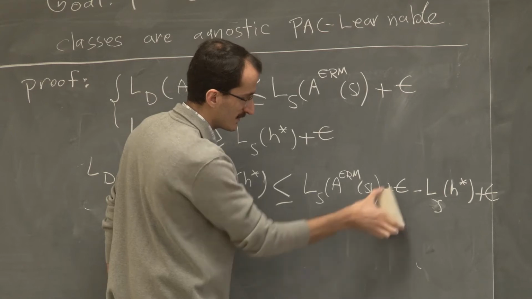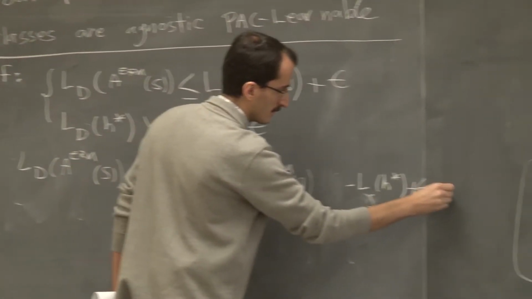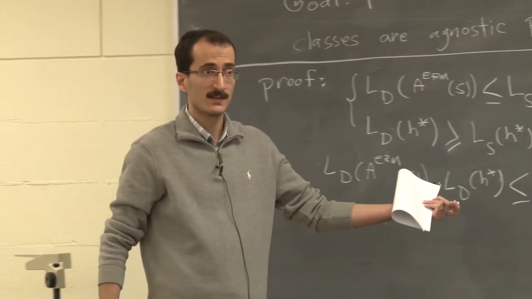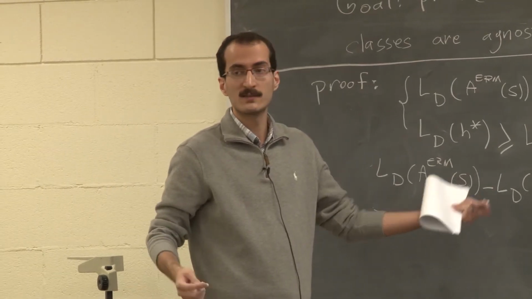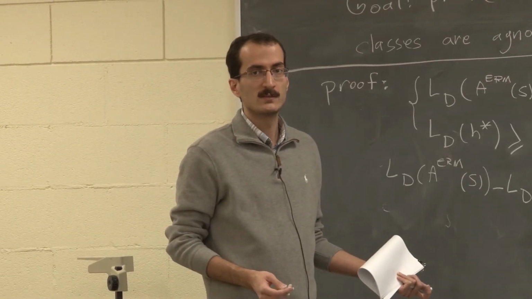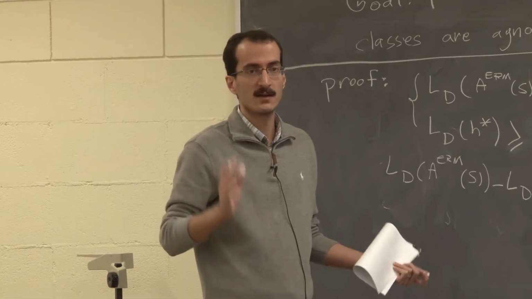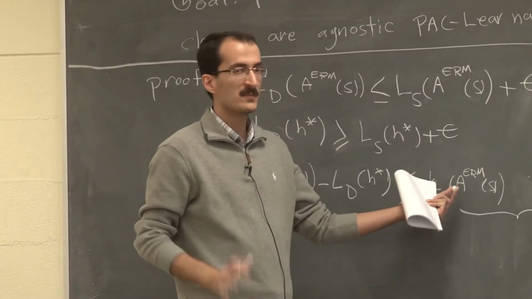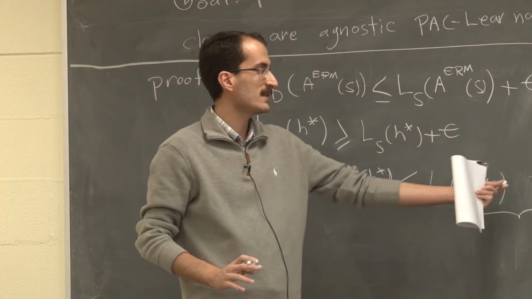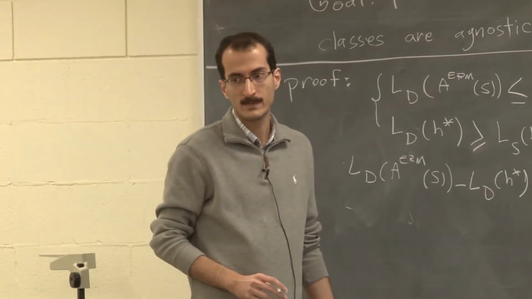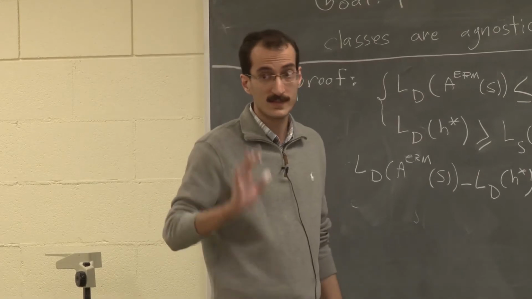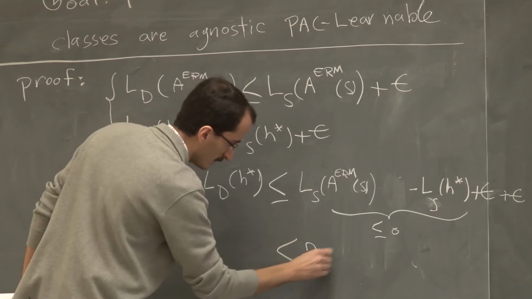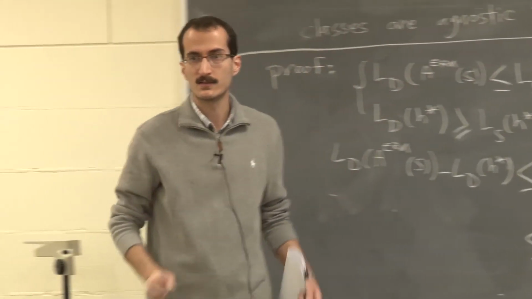So let me put this epsilon here. So now we know that because this is the best, what does ERM do? It works on the sample, finds the best hypothesis on the sample, right? So on the sample, the loss of ERM is all the time less than or equal to the loss of anything else on the sample. So this will be smaller than epsilon, so the whole thing will be less than 2 epsilon.